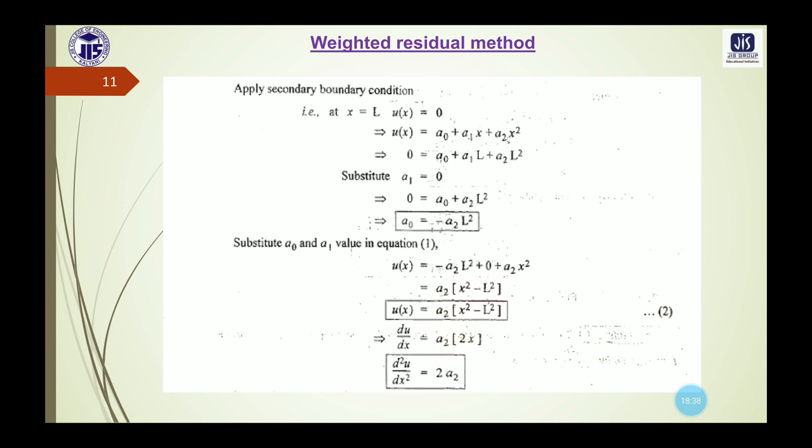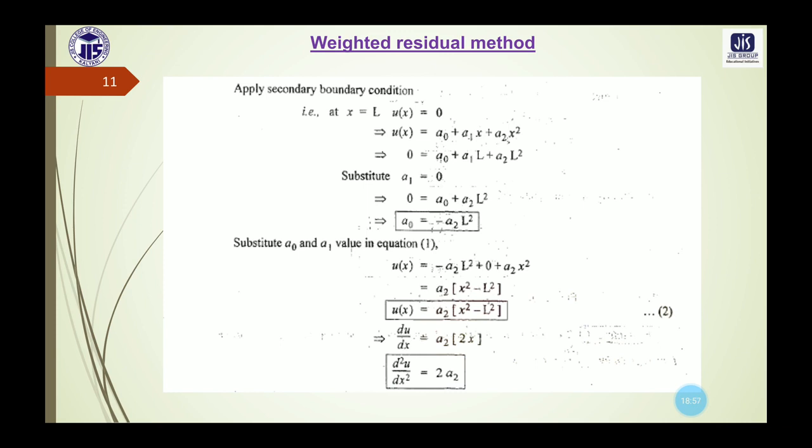Next we need to put the second boundary condition, which is given at x equals L, u(x) equals 0. If we put this boundary condition here, then we are getting 0 equals a0 plus a1L plus a2L square.